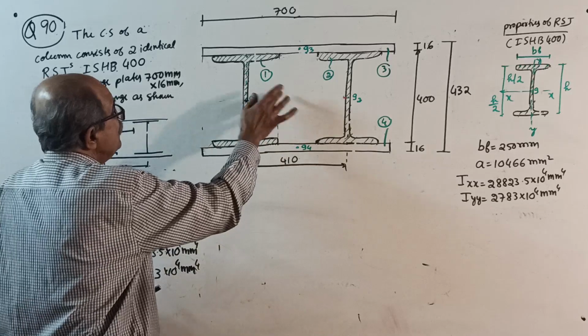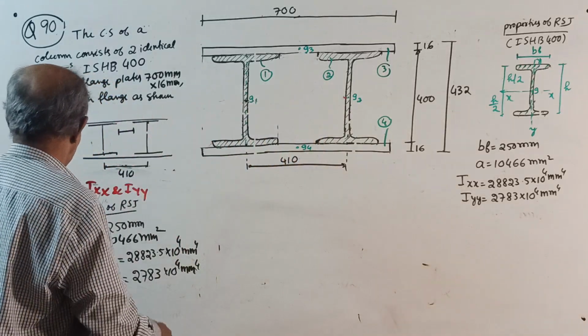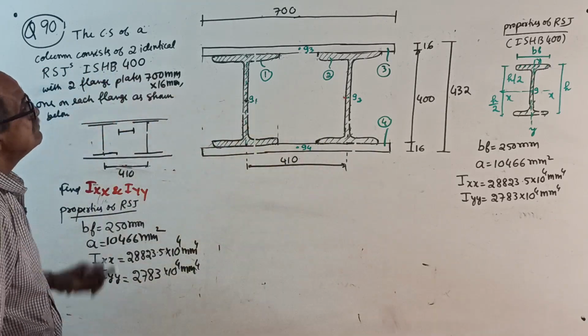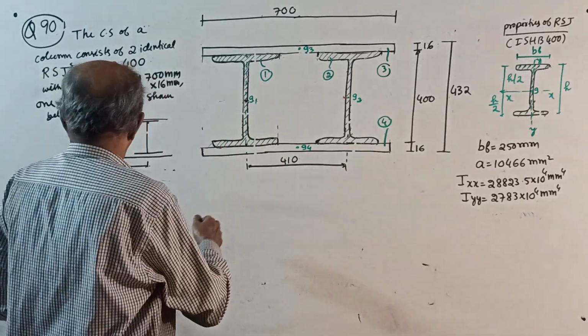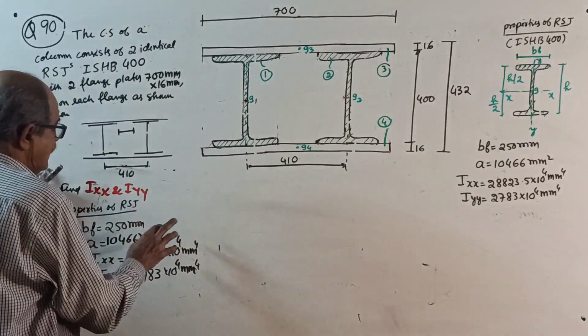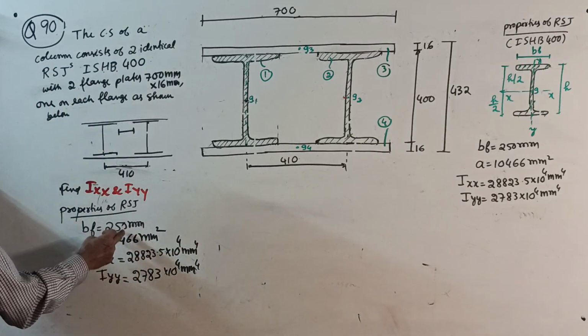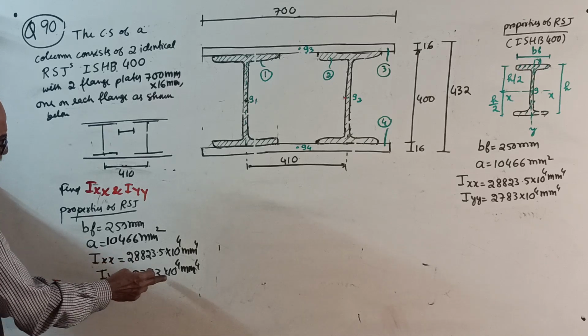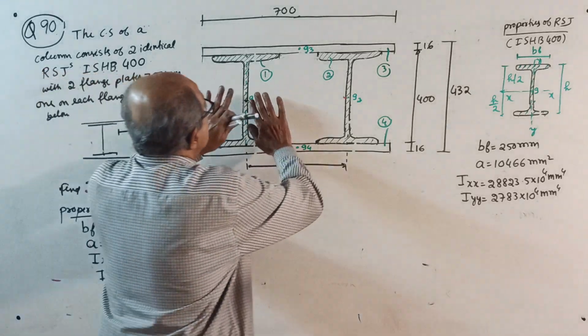Okay, this is the cross section, you write all in millimeter. Plate is 700 by 16. Now, as usual, find Ix, Iy. Properties I wrote here: breadth of flange, area, Ixx, Iyy given in the question. Then, write a neat sketch here.